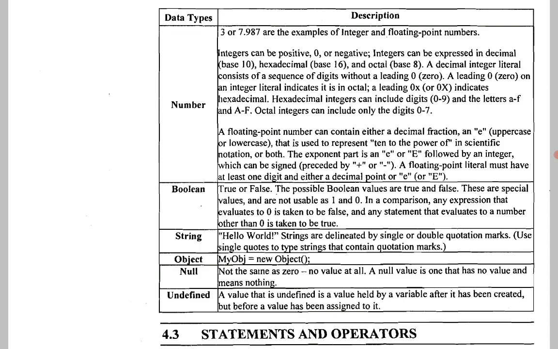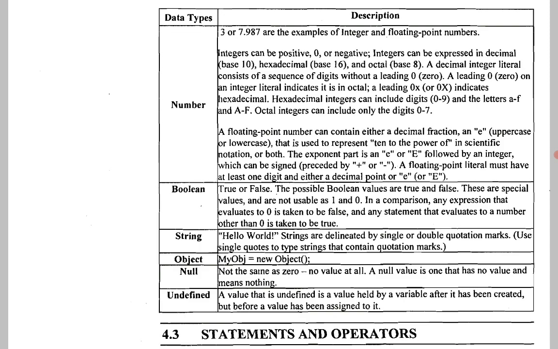The exponential part is an exponent e, small e or capital E, followed by an integer which can be signed, preceded by a plus or minus symbol. Similarly, a floating point literal must have at least one digit, and either a decimal point or an exponential.